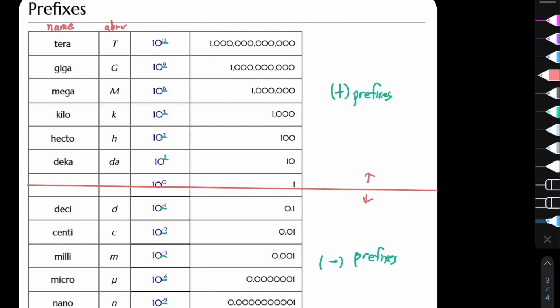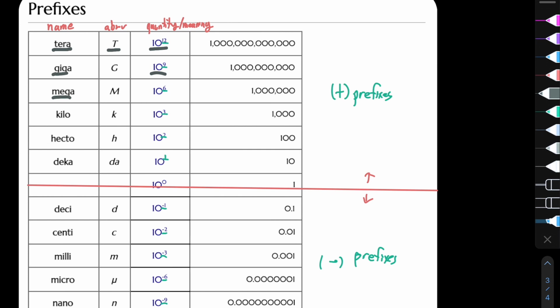And in the third and fourth columns we obviously have the quantity, or the meaning of the prefix. So for tera, the abbreviation would be T, and it means that 10 is multiplied 12 times. For giga, it's multiplied 9 times, mega, it's multiplied 6 times, and the list goes on.